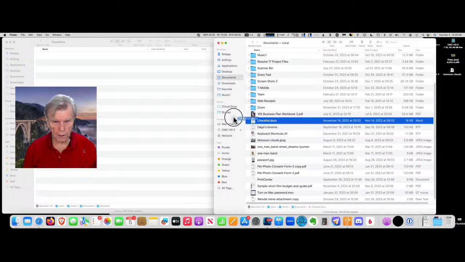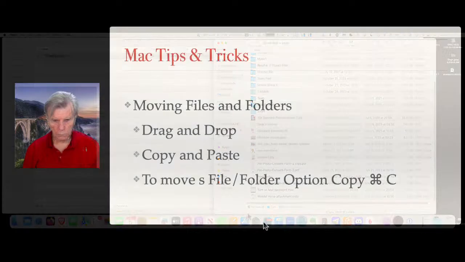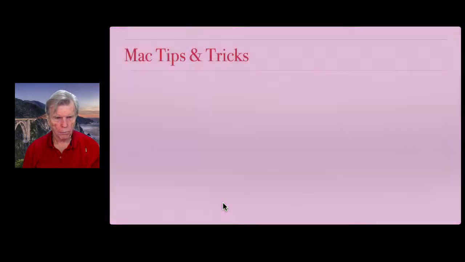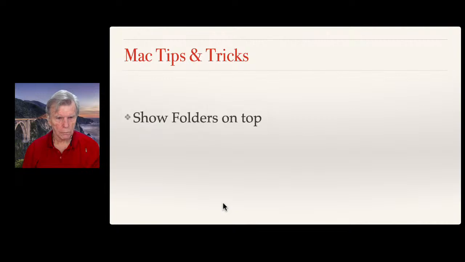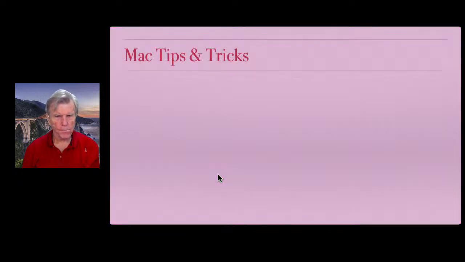So now when I drag this over, it does in fact move it. Okay. So we already talked about how to show folders on top. You go to Finder, Settings, Advanced, and keep folders on top.